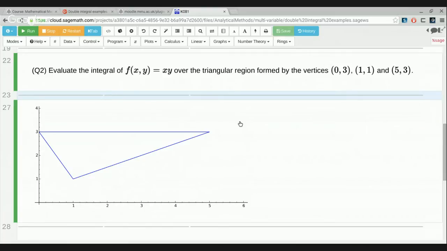So what's this one over here? This first one, let's call this C1 for the sake of it. C1 has an equation y equals mx plus c. Well, the c is equal to 3 because c should be the intercept when x is equal to 0. And the slope, you just divide the y difference by the x difference.